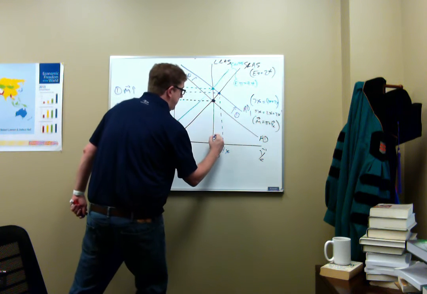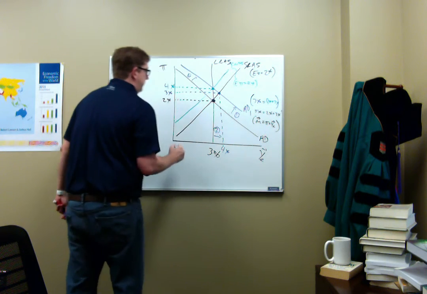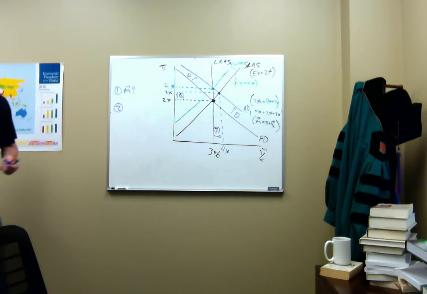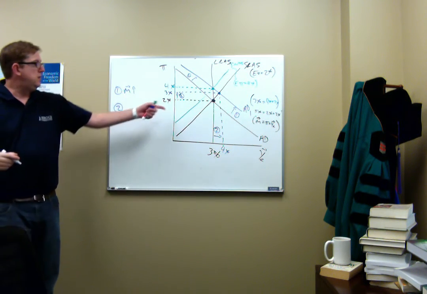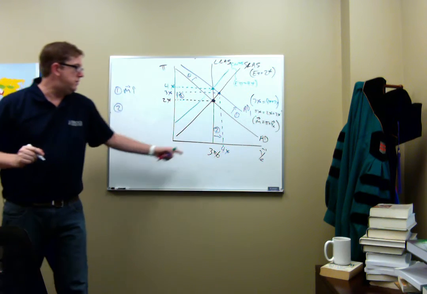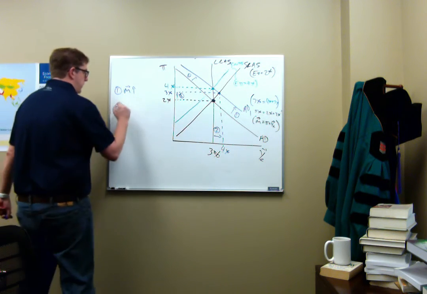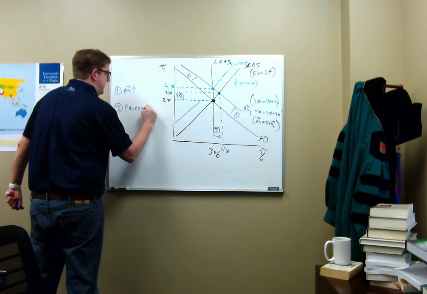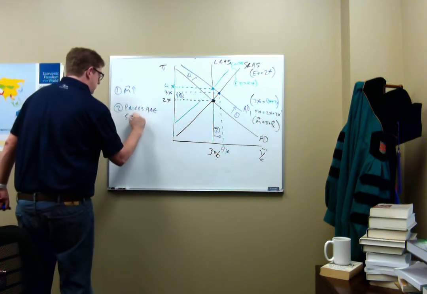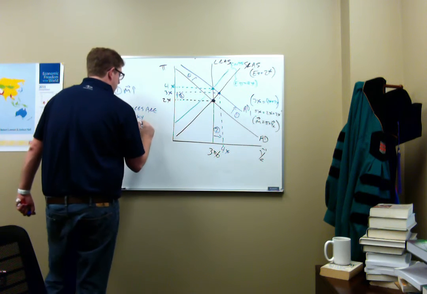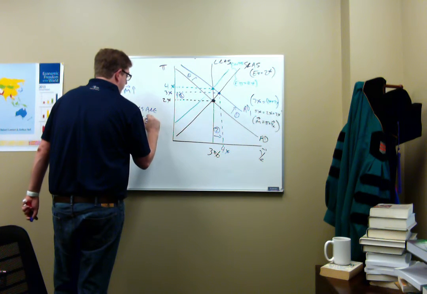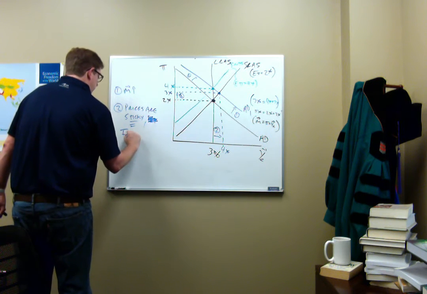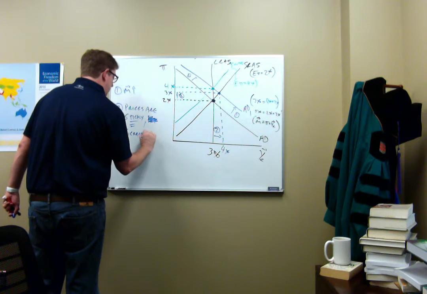In response to this increase in aggregate demand, prices start rising a little bit more rapidly. Output starts growing a little bit more rapidly. Because prices are sticky, we get a bit of short-run growth, a small increase in short-run growth.